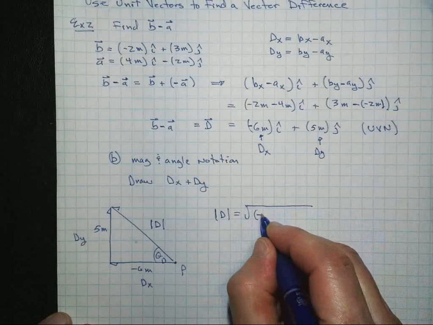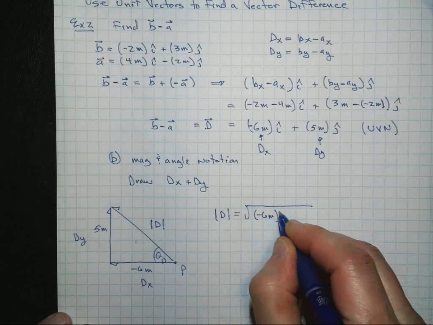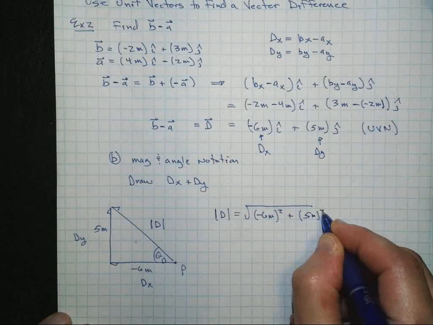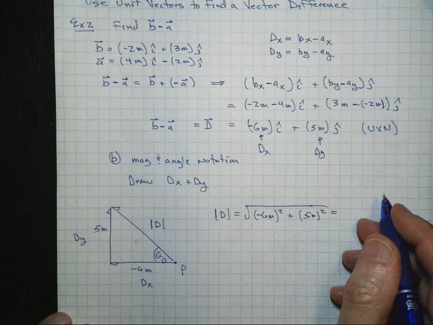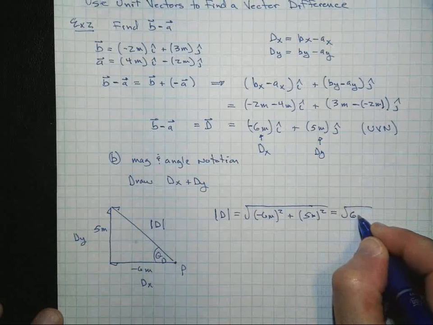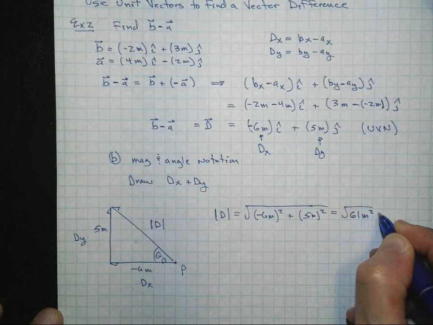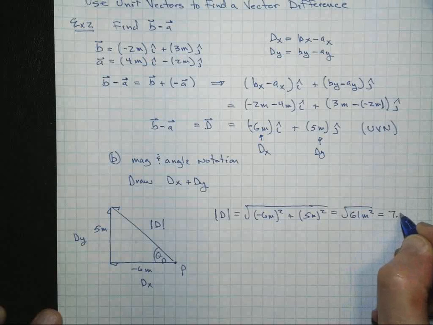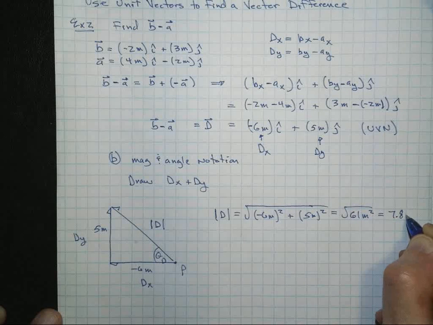This is going to be minus 6 meters squared plus 5 meters squared, the square root of the sum of the squares. We take the square root of 61 meters squared when we combine the numbers. Simplifying that to one decimal place, the magnitude of the vector difference is 7.8 meters.